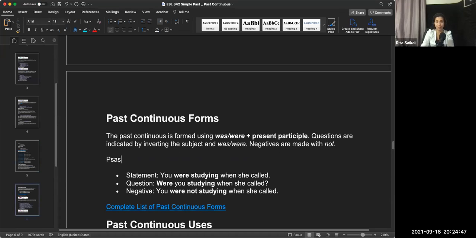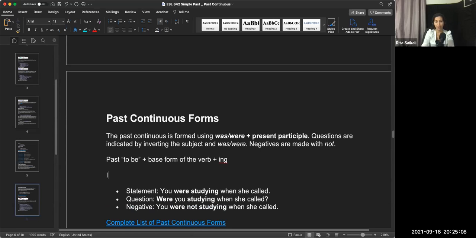So we have past of to be plus base form of the verb plus ing.